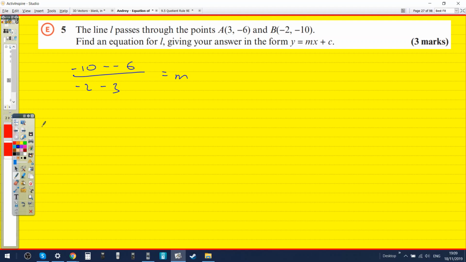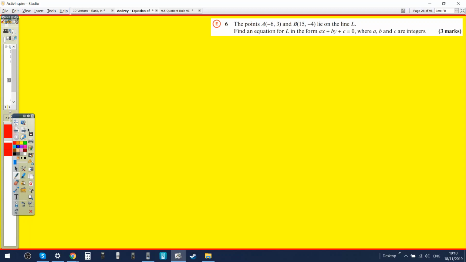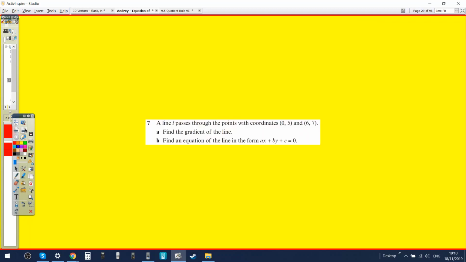Do I then need to sub in x and y, and then solve for c? And which x and y would you use? Do I just need to use the x and y from either equation? Yeah, so you could use either a or b, but you can't mix them. So you can't do 3 minus 10. Okay. I think you're good there.